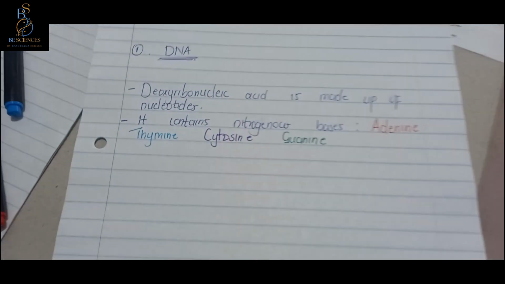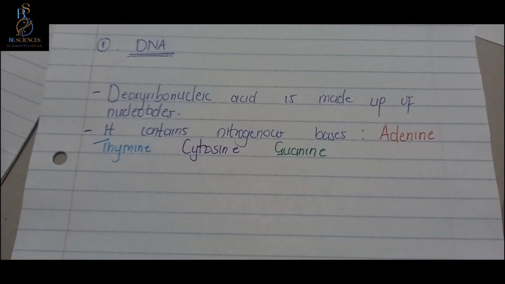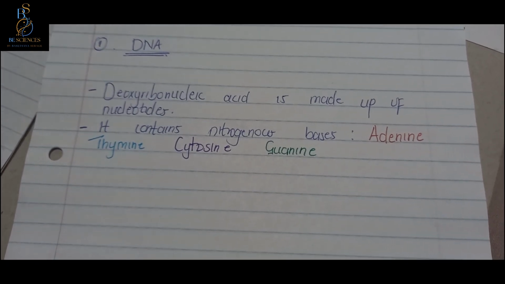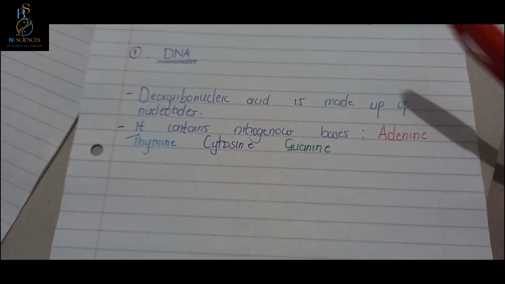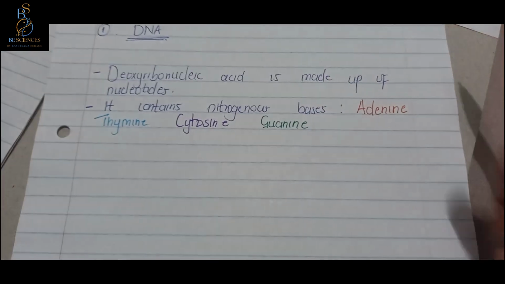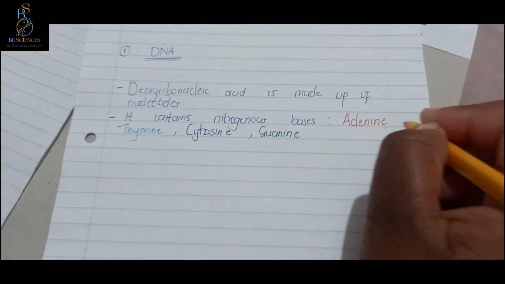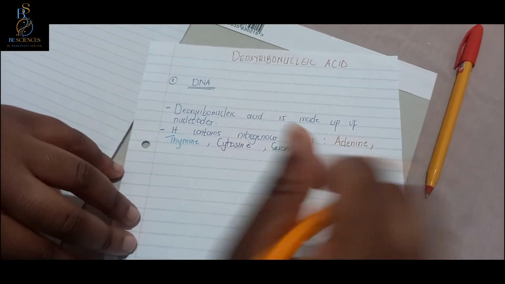Okay, so now just quickly reminding myself that DNA is made up of nucleotides, and those are the building blocks. It contains 4 nitrogenous bases, which is adenine, thymine, cytosine, and guanine. Okay, and then you also remember it's got a phosphate group and a deoxyribose.